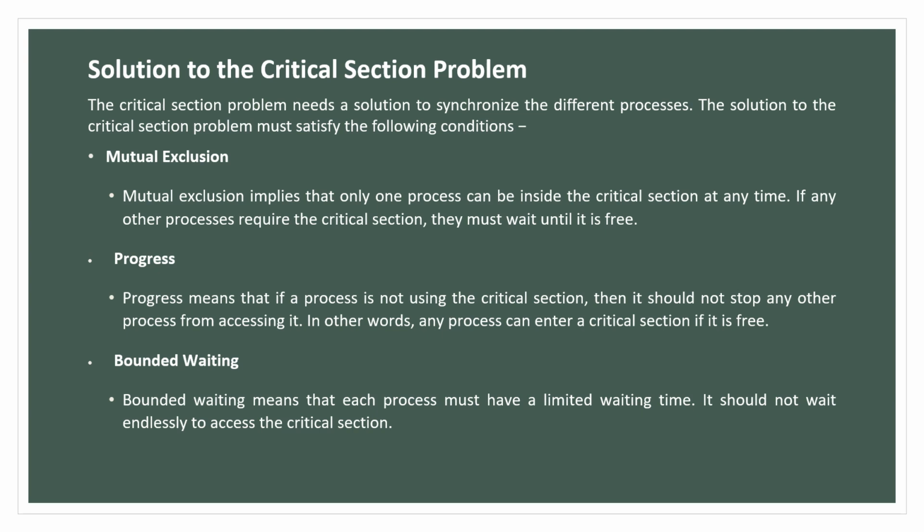Progress means that if a process is not using the critical section, it should not stop any other process from accessing it. In other words, any process can enter the critical section when it is free. Bounded waiting means that each process must have a limited waiting time. It should not wait endlessly to access the critical section.